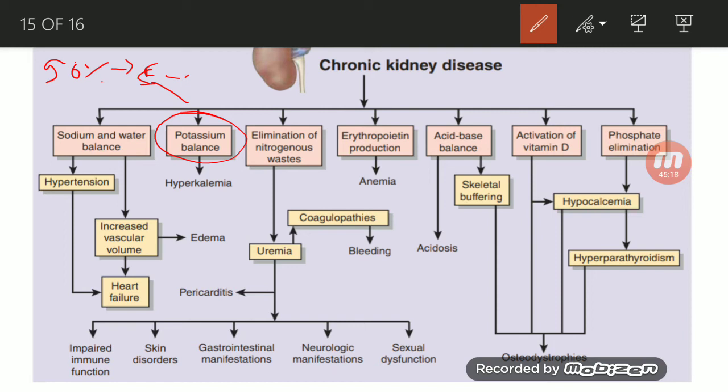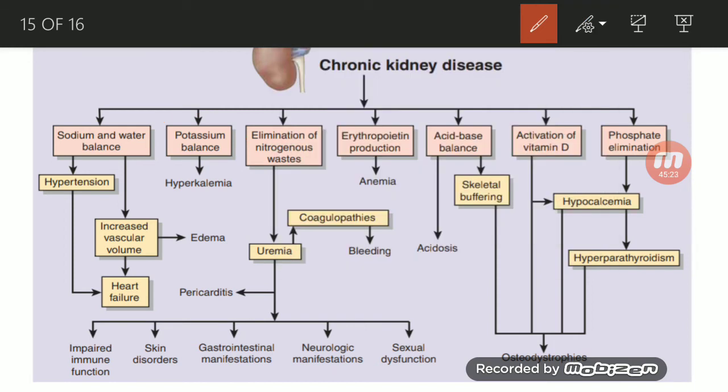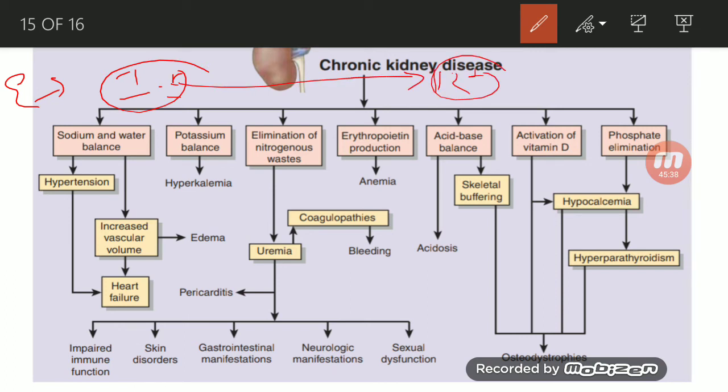In the early stage of renal failure, what generally happens is your kidney is not excreting potassium normally, but your intestine excretes potassium ions. 90% is excreted from your kidney, so in the beginning of renal failure, in order to make up the balance, your intestine excretes potassium.